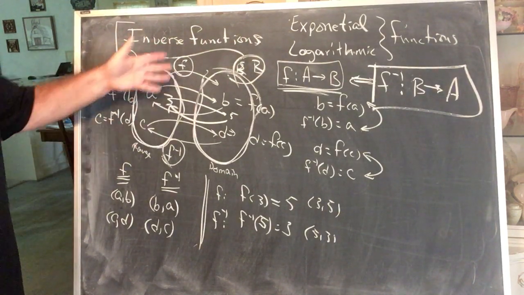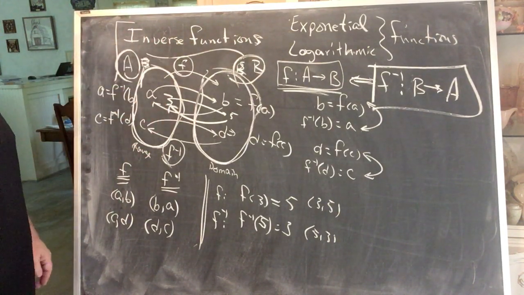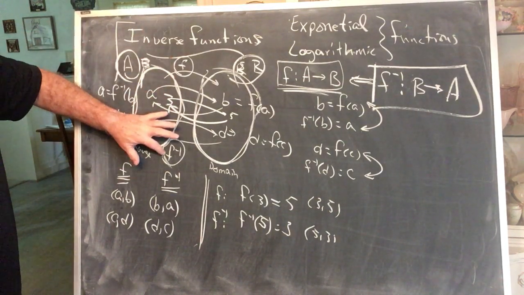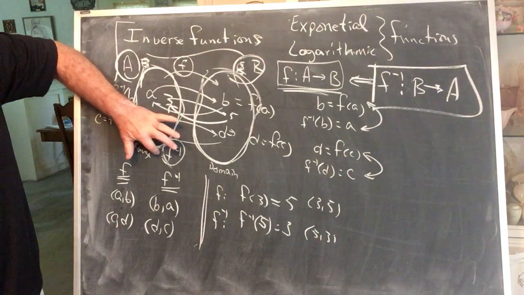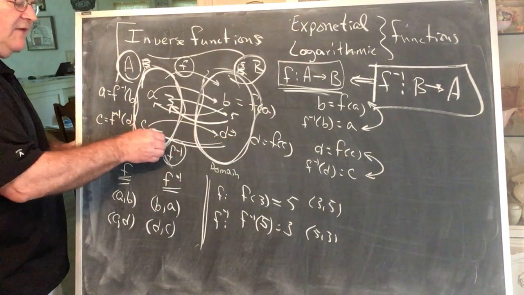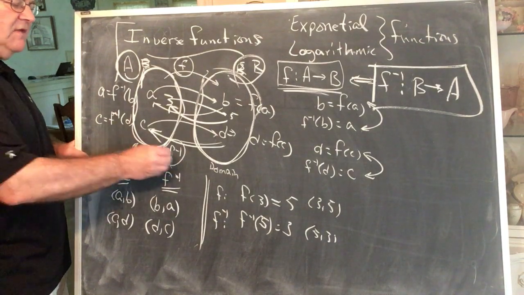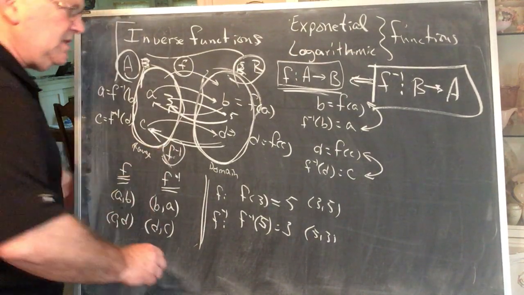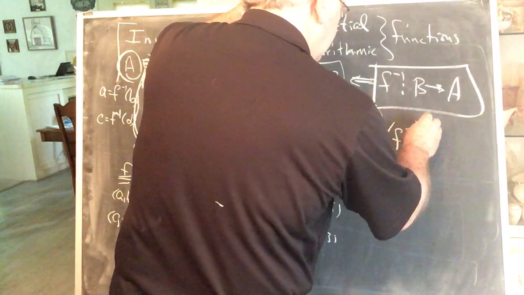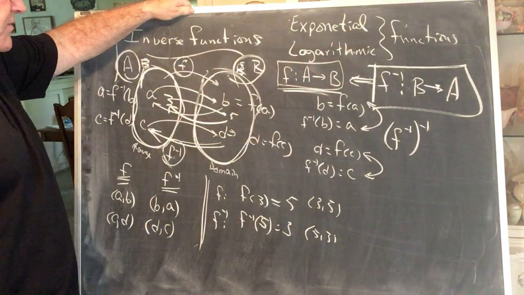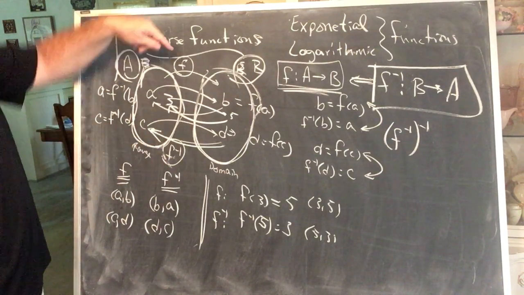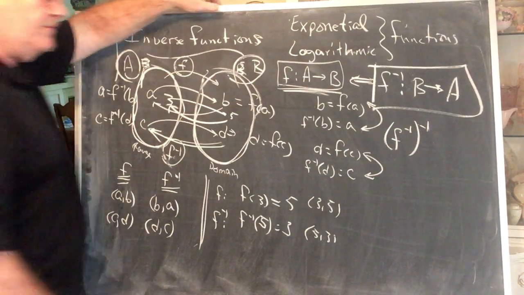Now, these are inverse functions of each other. And the last piece is this: if this is f, this is f inverse. What is the inverse of f inverse? Suppose we started going from right to left. What reverses f inverse? It's the original function itself.